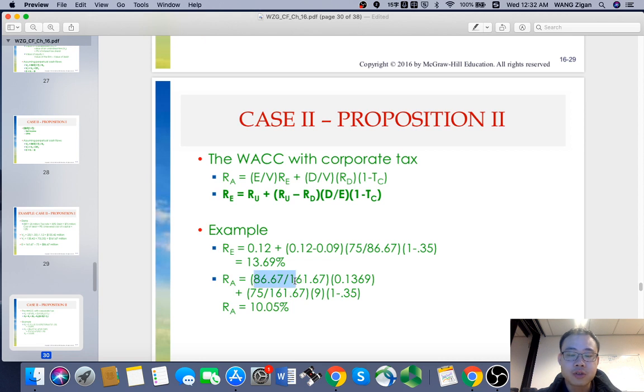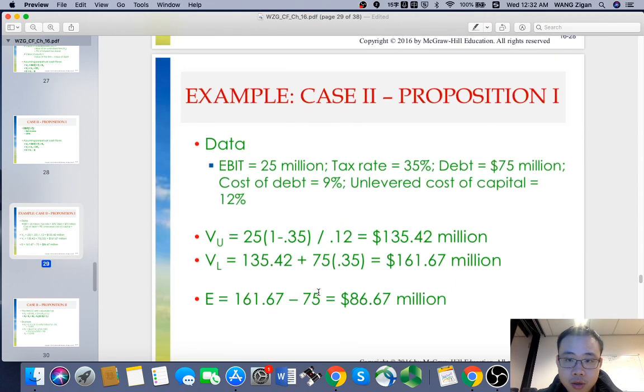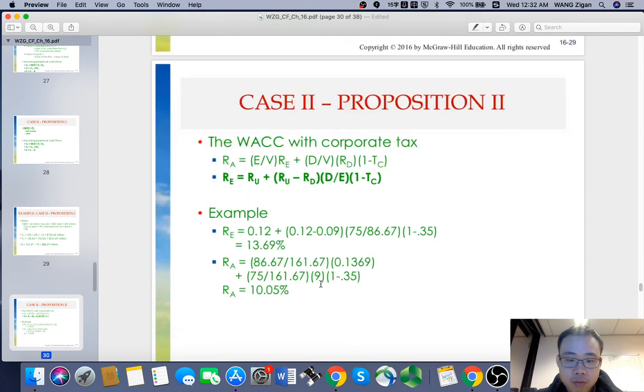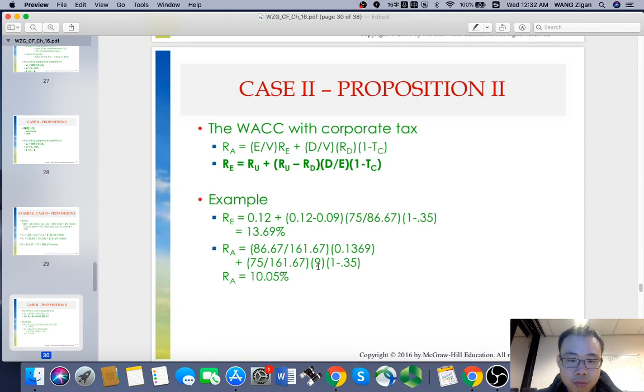And it's also easy for you to calculate this DE ratio. Is this a DE ratio? This is the DE ratio. Wait, no, what? Yeah, this is a DE ratio. This is a DV ratio.